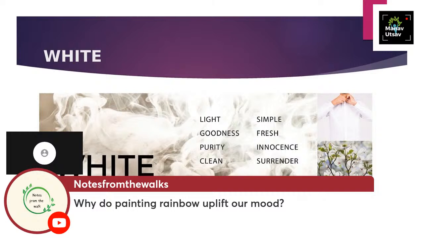Because rainbow has all these colors. Rainbow has all the seven very important colors. So that also brings in the chakra concept. If you know about the chakras, the energy circles which are there in our body, those chakras resonate with the exact same colors in the same sequence as the rainbow.